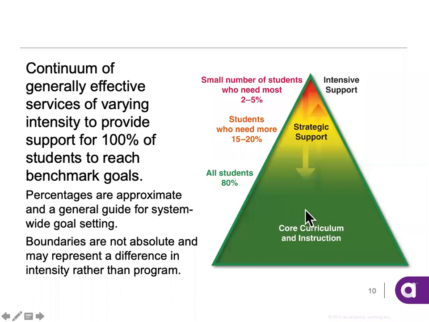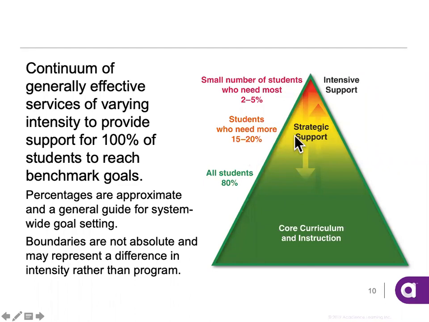So you're using your core reading instruction, your curriculum, and grouping practices and your instructional routines in the general classroom to get the vast majority of students to the benchmark goals. We use 80% as the sort of proxy for that vast majority. The idea is primary prevention of reading failure starts with what we do with all students in the regular education classroom that will shrink the number of students who need something additional to a manageable percent, something like 20%.